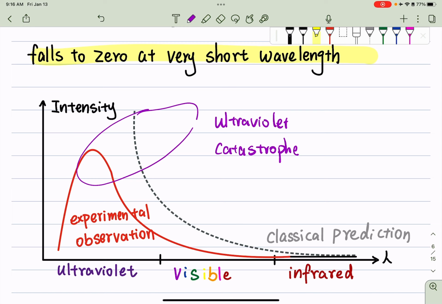All right, so quickly pause here. This is one of the examples of how you can use what you know. In this case, we start from the classical model for black body radiation, which is 8 pi k_B T nu squared over c cubed. Then we look at the experimental observation, and we come to the point and say, all right, the classical model simply doesn't work to explain black body radiation.